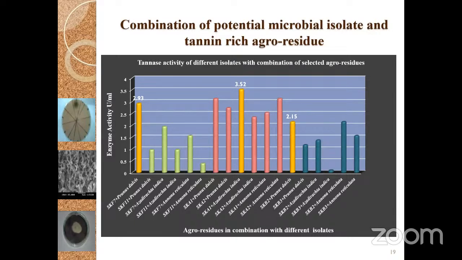When we see this graph, we can easily observe that the combination of isolate SKA1 with the Azadirachta indica leaves shows promising, higher enzyme activity. Amongst the actinomycetal cultures, we used SKA1 with Azadirachta indica leaves, SKB2 with Prunus dulcis leaves, and SKF7 with Prunus dulcis leaves again for the study.